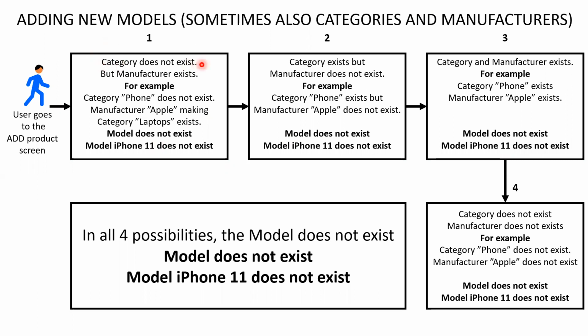So we created a new category, but the manufacturer existed. So we created an association between smartwatch as a new category and Apple, which already existed making laptops. So we had an association with that. So now we are saying that Apple also makes smartwatches. So we have covered this first case here. Now let's look at the other cases.